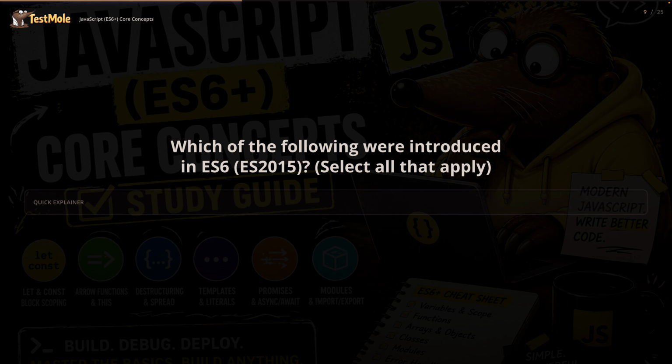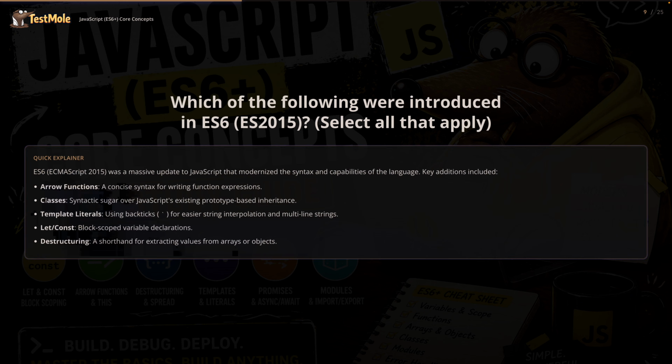Which of the following were introduced in ES6, ES2015? Select all that apply. ES6, ECMAScript 2015, was a massive update to JavaScript that modernized the syntax and capabilities of the language. Key additions included arrow functions, a concise syntax for writing function expressions.